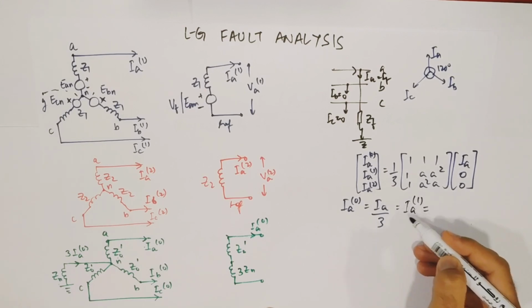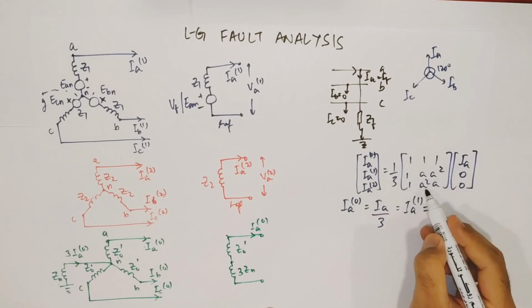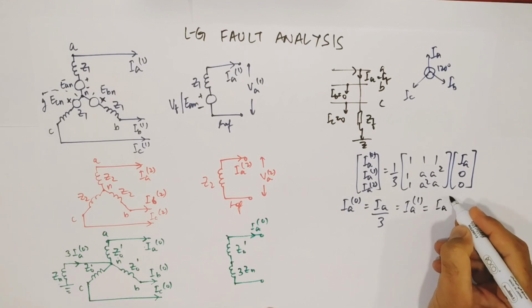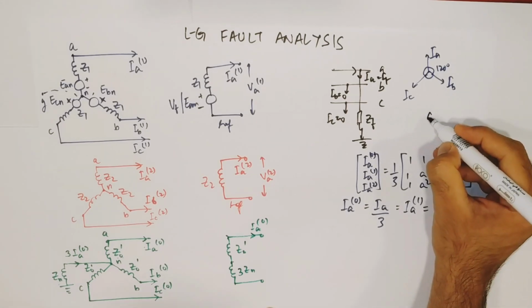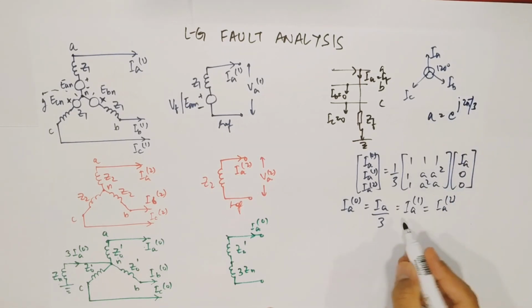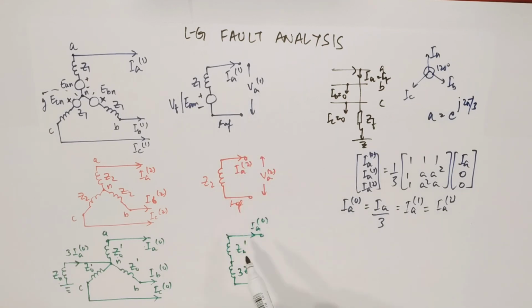So for positive sequence also the same value. Again for negative sequence also you will see 1 into Ia, A square, 0, A, 0. Again you will get this value. Remember that A here is e to the power j 2 pi by 3. So we have got all the component currents like positive, negative and zero, all are same.